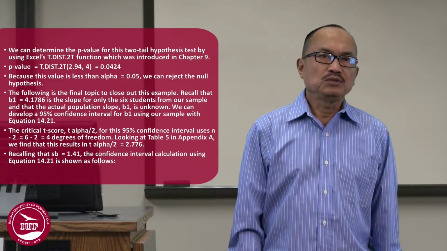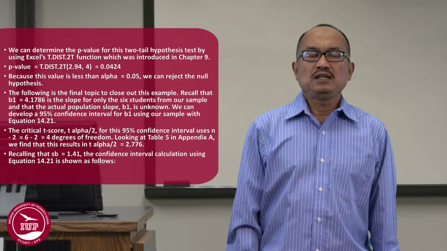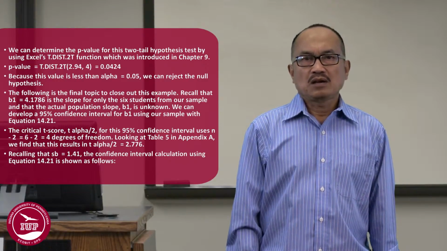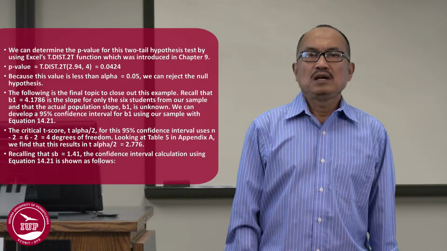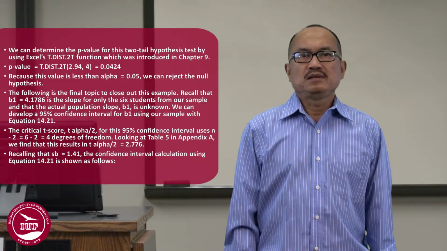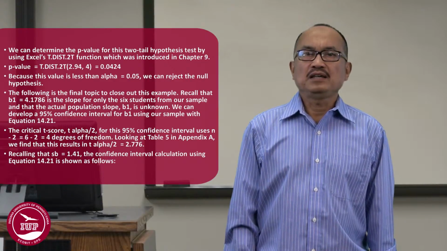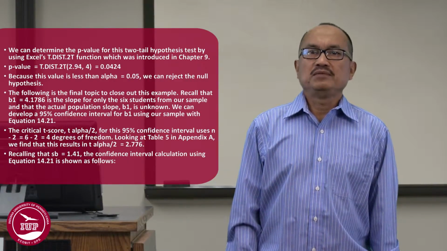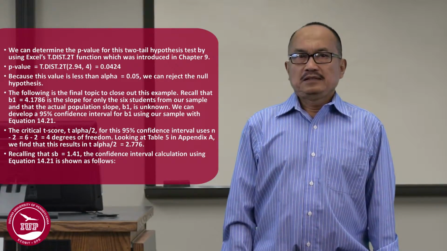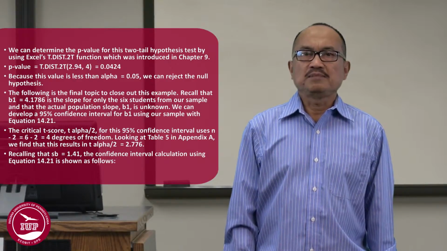P-value is equal to T.DIST.2T inside parentheses 2.94, 4, which is equal to 0.0424. Because this value is less than alpha equal to 0.05, we can reject the null hypothesis. The following is the final topic to close out this example.